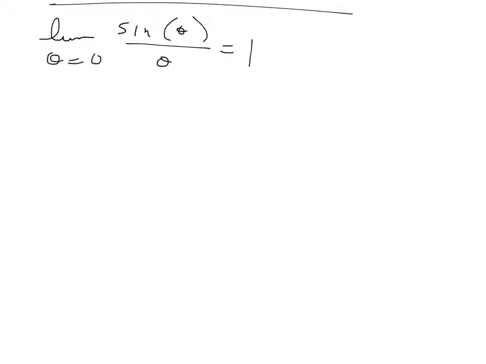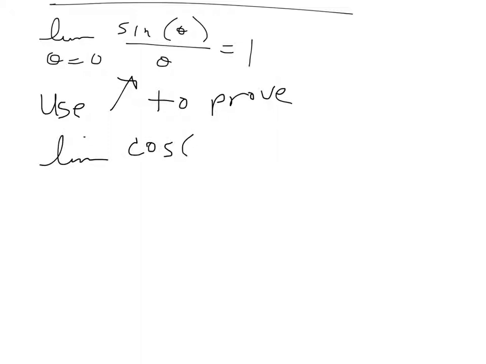So what we're going to do is use that to prove the limit of cosine theta minus 1 over theta as theta approaches 0 equals 0.